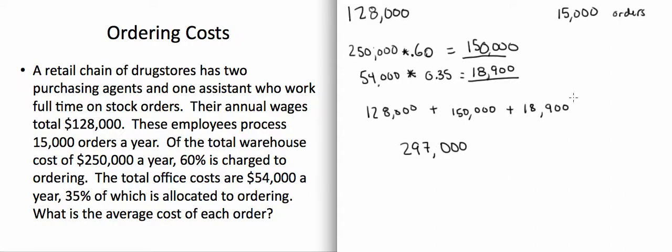And then with this value of $297,000, we're going to divide that by the number of orders that we make, which will give us the amount of money per order. And when we do that, we get a value of $19.80. So we found the cost for each aspect of ordering, added them together, and divided by the number of purchase orders that we made.